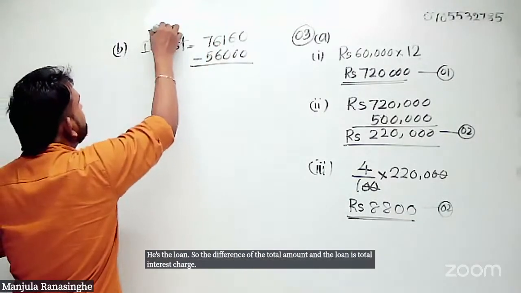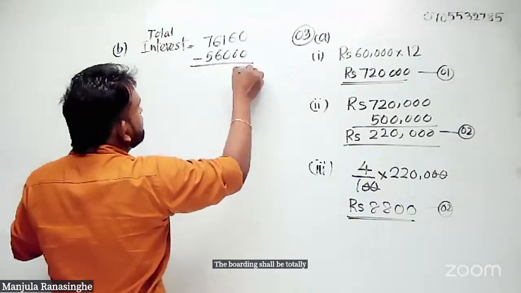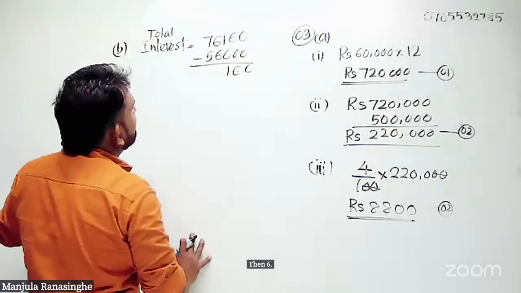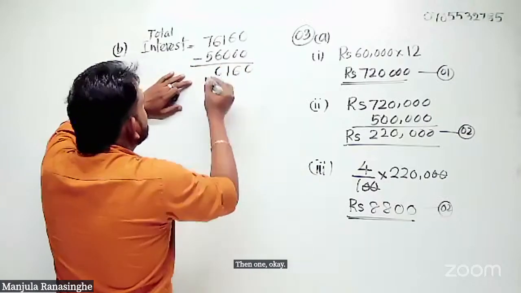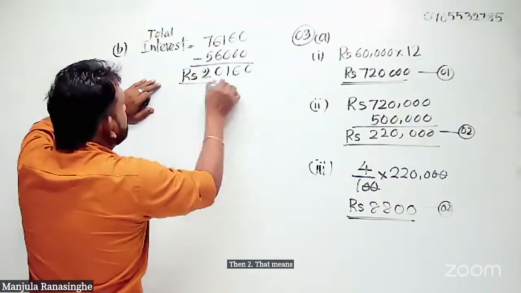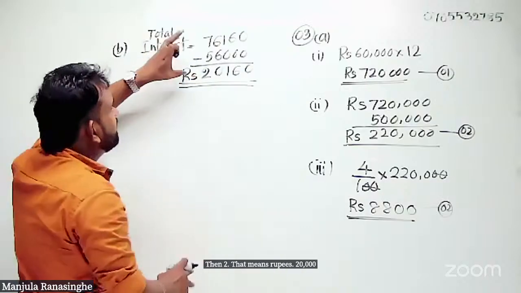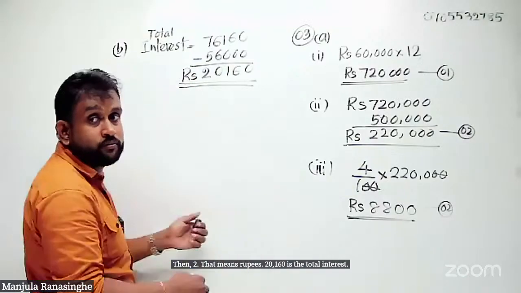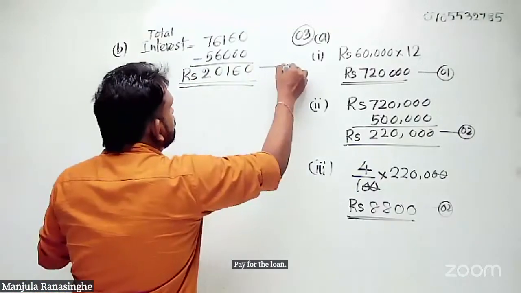The wording shall be total interest. So rupees 20,160 is the total interest paid for the loan. For the first part, you have 2 marks.